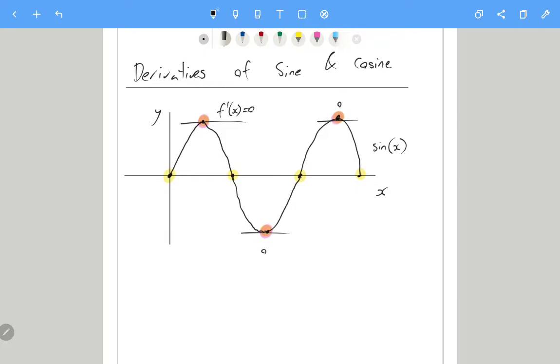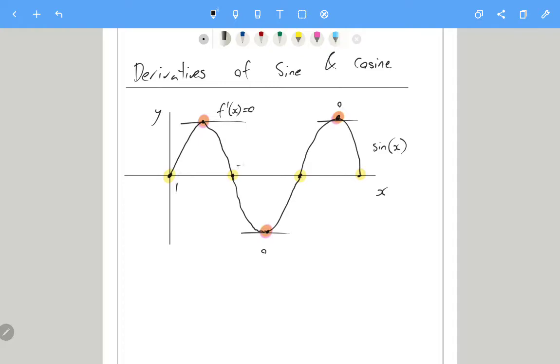What happens in between? At the beginning here, the gradient would be positive, right? It's going upwards. It ends up being exactly 1. If you get a proper drawing of it, you'll see that it's a 45-degree angle, or pi on 4 radians, so the gradient would be 1.